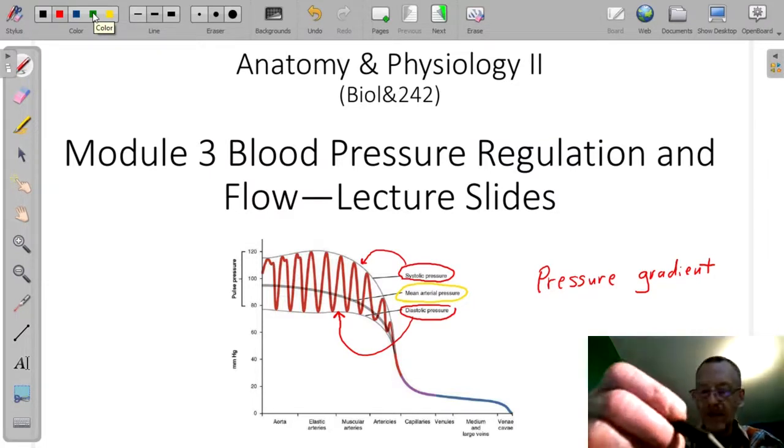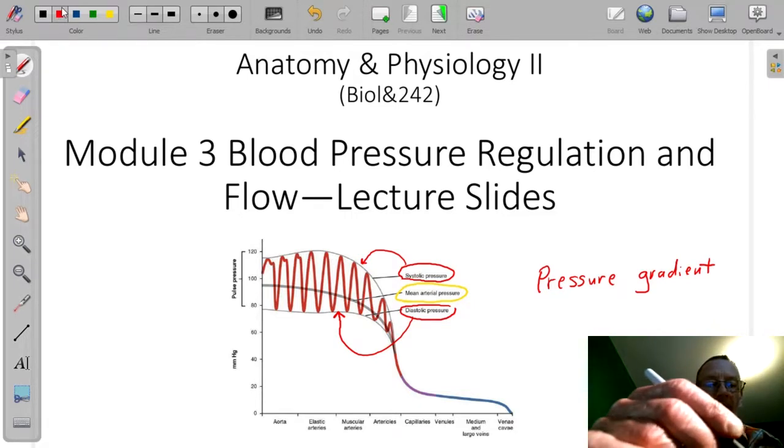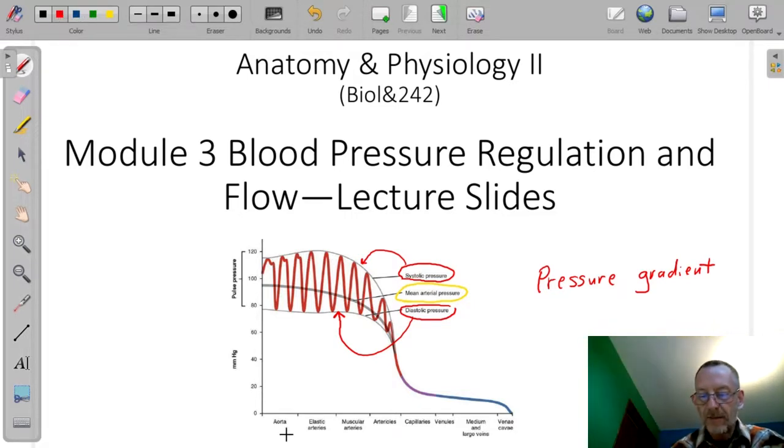The other thing to note about this pressure gradient is, again, the print is small, but we're starting at the aorta, so closest to the heart, where the pressure is the highest.